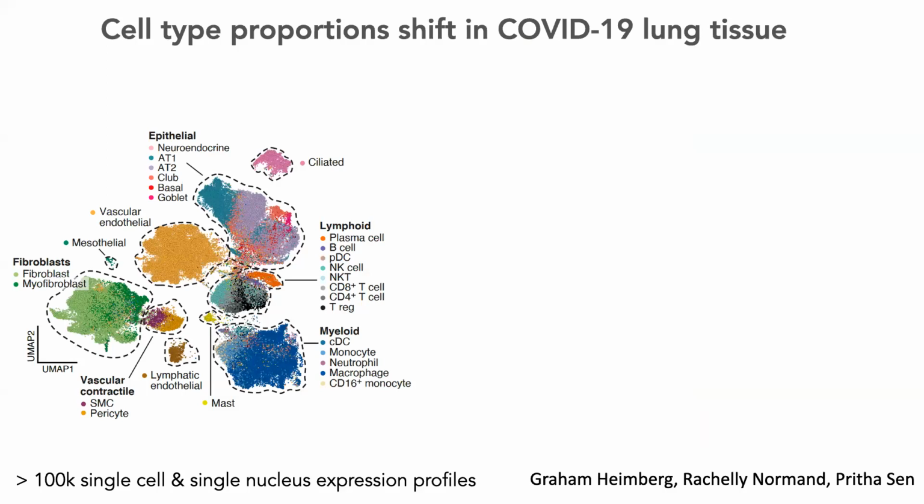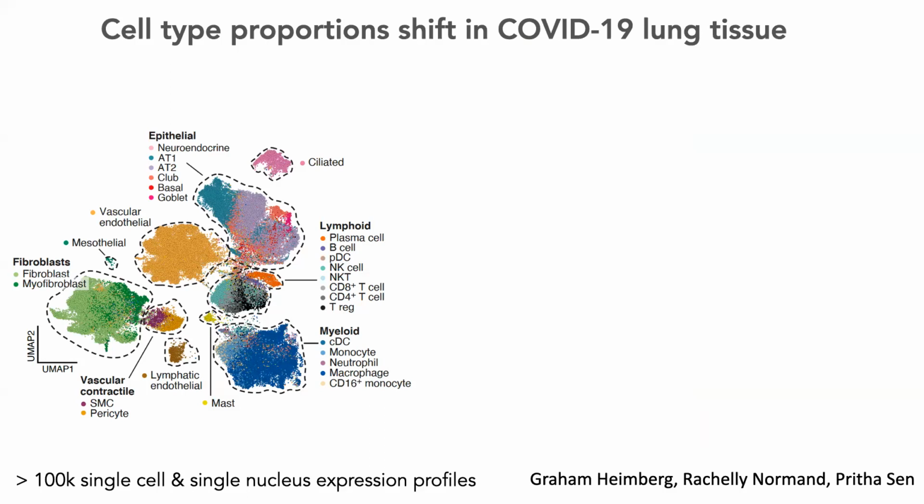So after a really large amount of effort going into optimizing our experimental and computational protocols, we were able to create a COVID-19 lung cell atlas of over 100,000 single cell and single nucleus expression profiles. Again, I'm showing you the cell cluster maps where each dot is a cell, and cells with similar gene expression profiles cluster together. And now each color on this map represents a different cluster or cell type, which we've labeled here.